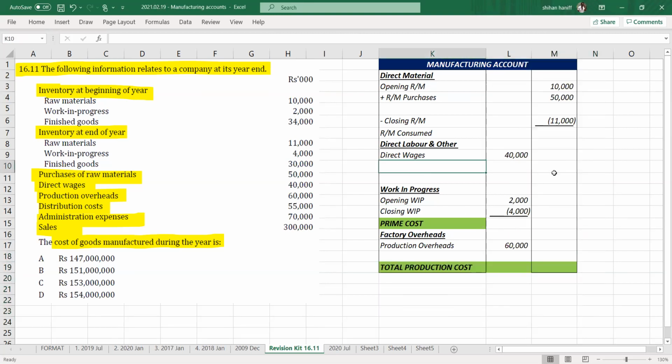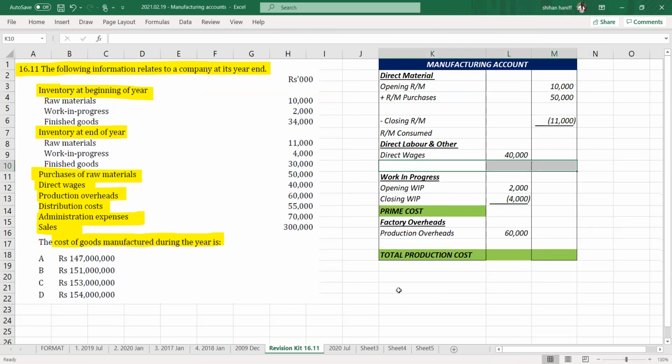So can you all tell me how much is the total cost of goods manufactured during the year? Tell me the answers. Calculate the cost of goods manufactured, and also I want to know the gross profit.